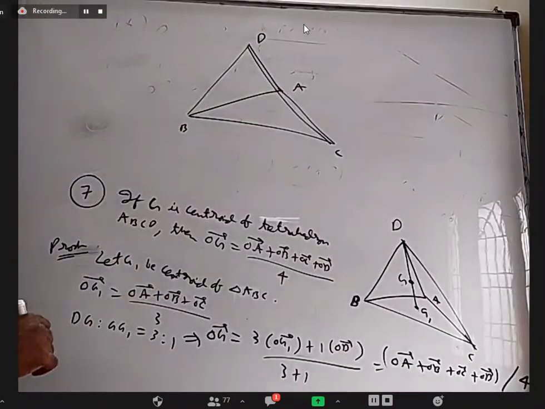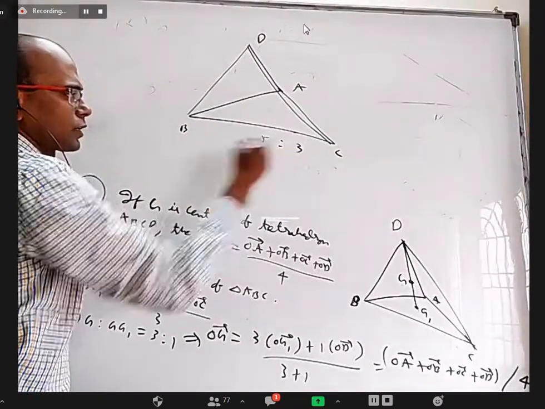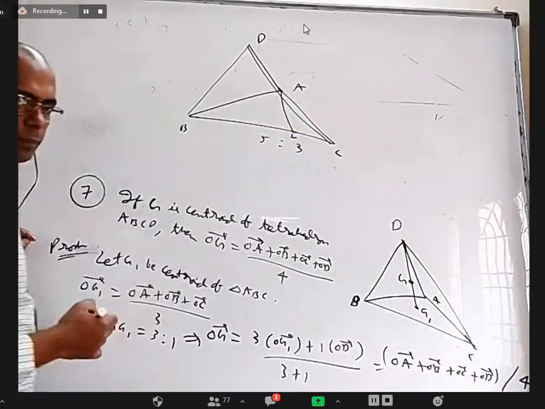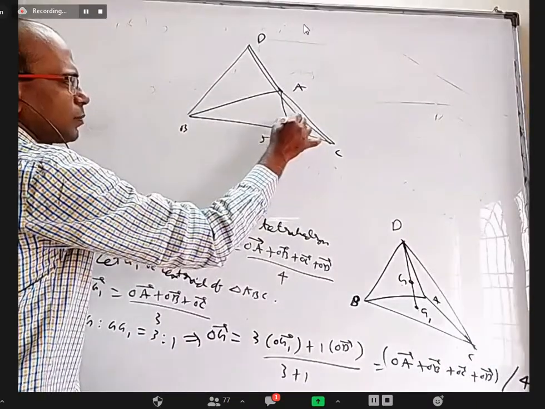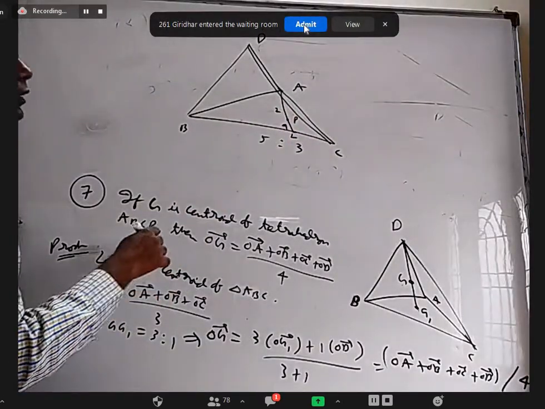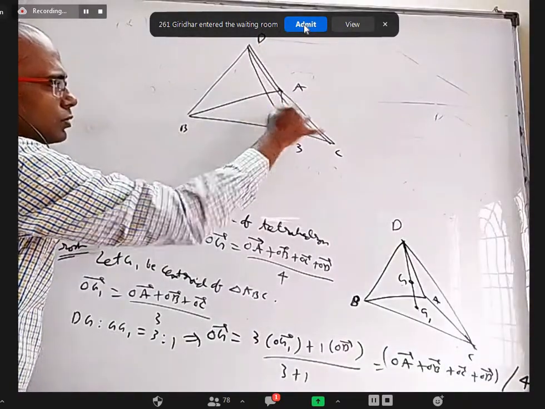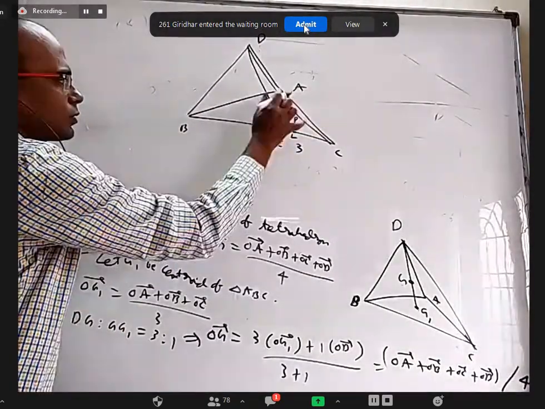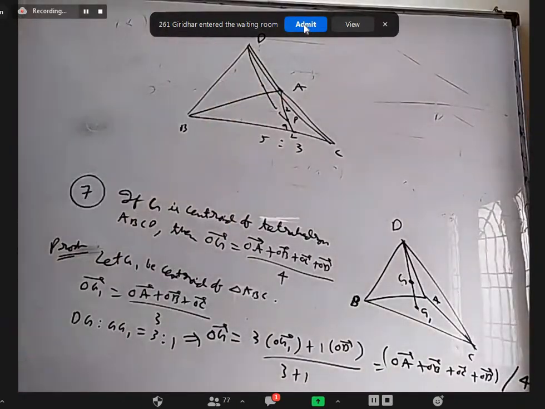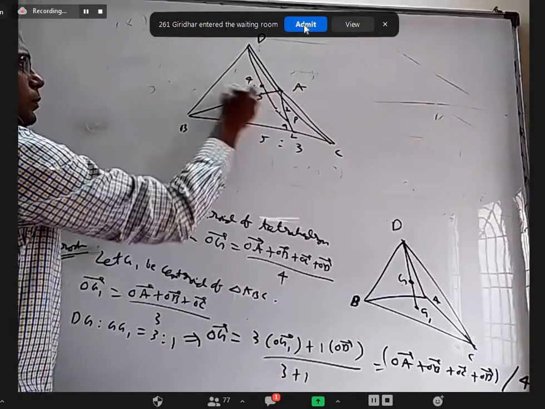Now I can say divide BC in the ratio 5:3, let us say that is L. Join A and L. Divide with some P in some ratio 2:9 or something. And that P I want to join to D. Now take a point on D and P in the ratio, let us say 4:3. That is a point.